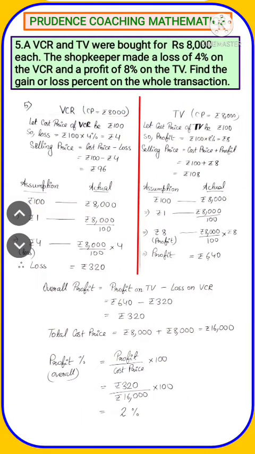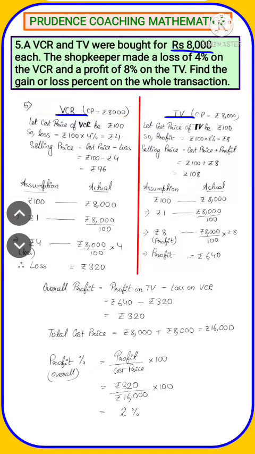So let's start with the sum. On the left hand side, you will make a column for VCR and on the right hand side, a column for TV. Within the bracket, you will write CP equals rupees 8,000 in both places because CP is said to be rupees 8,000 in the question.